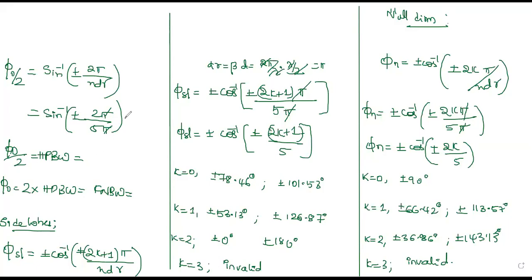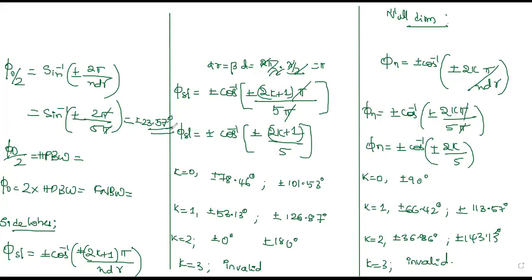Sine inverse of plus or minus 2 by 5 is plus or minus 23.578.